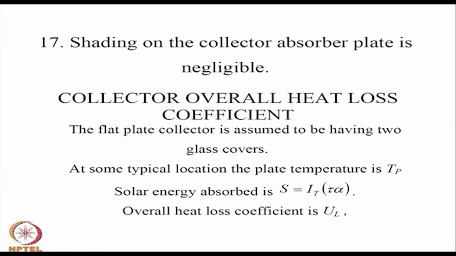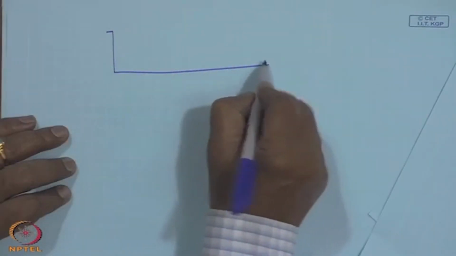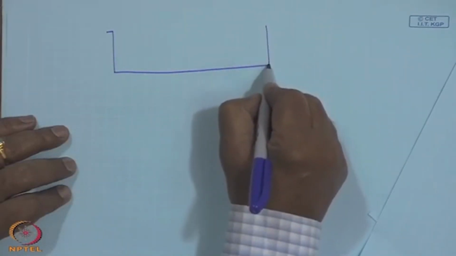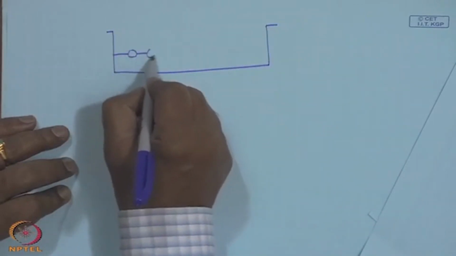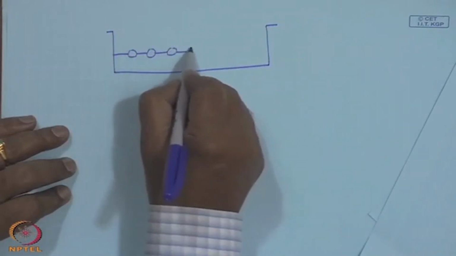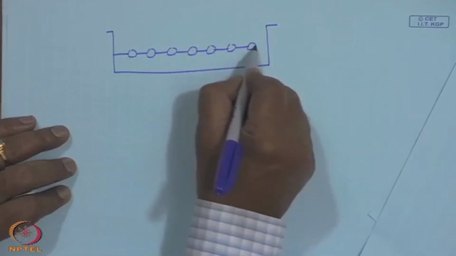Shading on the collector absorber plate is negligible. So, one thing is the shading because of its own box, like if we have two glass covers, the height of the box could be considerable compared to the level where the absorber is mounted.